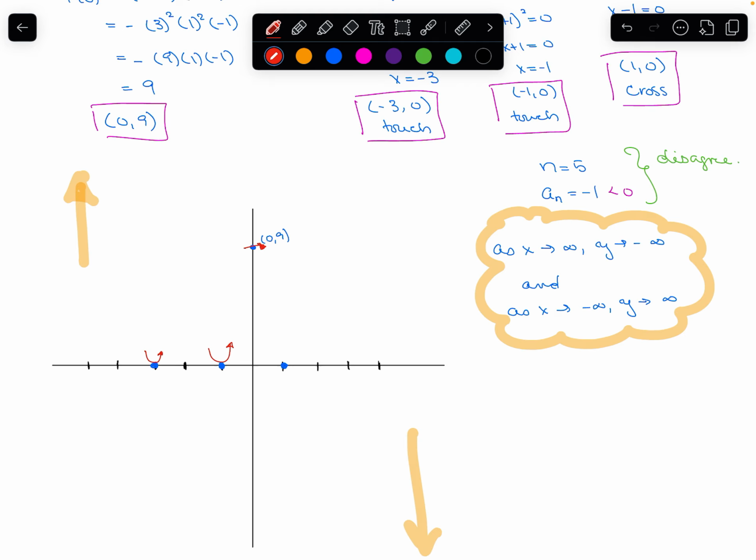Then we have to go through the y-intercept, and for the last x-intercept at 1, 0, it says we cross, so we're going to go through it, going down on that side. So start up here, bounce up. Oh, I forgot to draw the arrow to say go through.